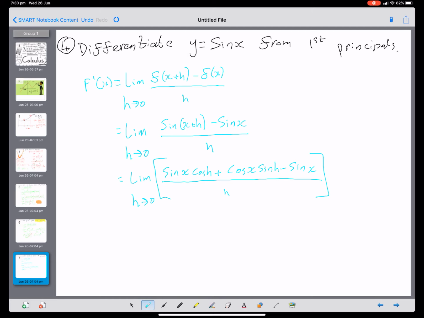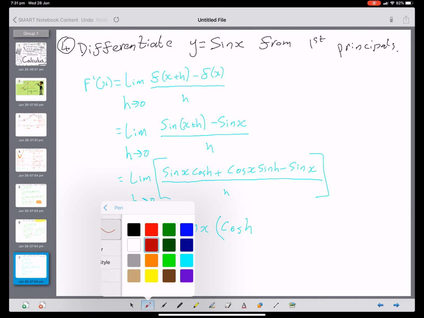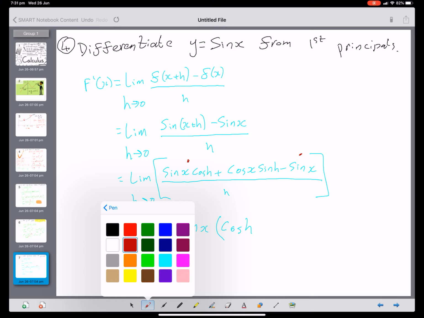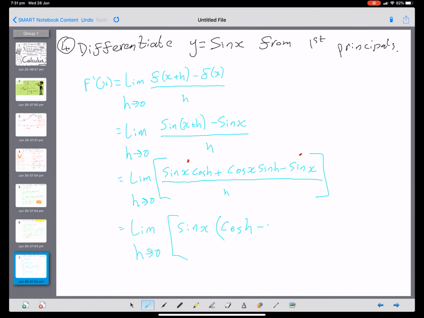Okay, so we can factorize now. Limit h to 0. Let's factorize sine of x out of the cos h term and the minus sine x term, giving cos h minus 1.